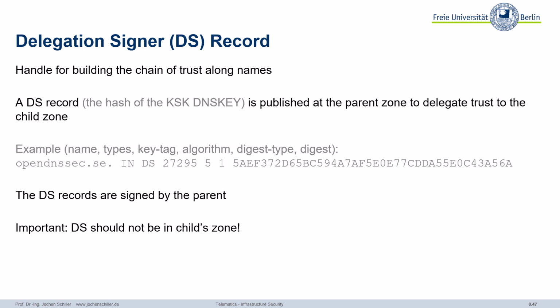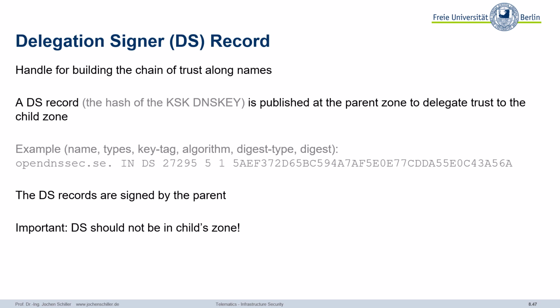So for example, you see here this hash value, and the DS record itself is signed by the parent. That's the idea. And if you know this hash, then looking at the parent, how can we get the trust to the child zone? So this is the handle for building this chain of trust. This is our handle, this hash value.